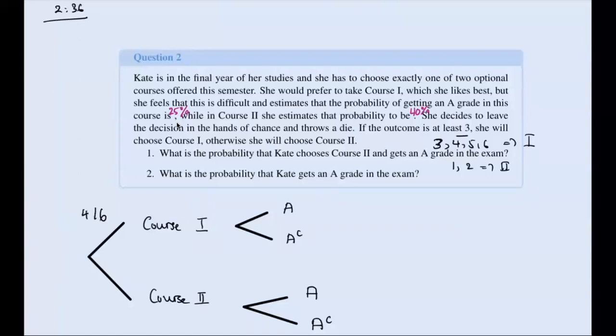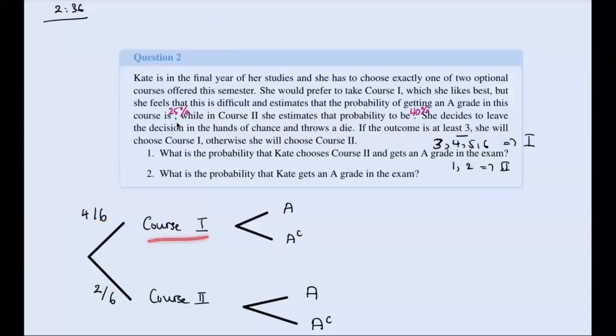And C2 is 2/6. Okay, that's good. Because when you roll a dice, you have 6 possible outcomes. 4 of them lead to Kate taking course 1, and 2 of them lead to Kate taking course 2. So that's why it's 4/6 and 2/6.